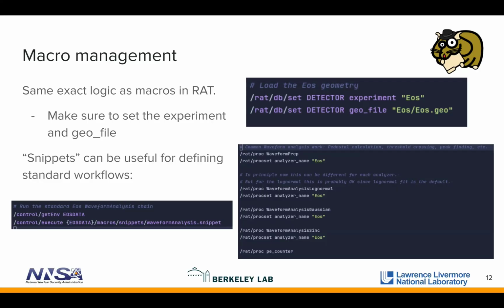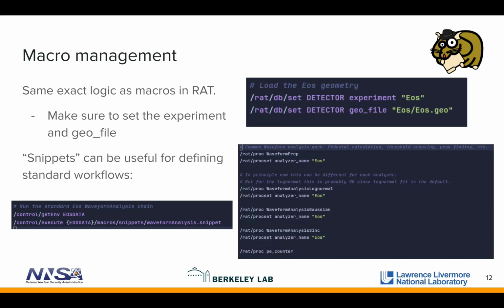So macros are the same as you would run them in rat. These are familiar lines in a macro at this point, hopefully, where you describe what experiment you're running, what geo file you're using. But at the same time, you can have these things, what we call snippets, but really they're just small macros. And if you remember from Garrett's talk on the very first day, one macro can actually call another macro. And this could be very helpful if you say you have, for example, in EOS, we do this for our standard waveform analysis chain, where we always want to run these specific processors in this very specific order with these very specific configurations.